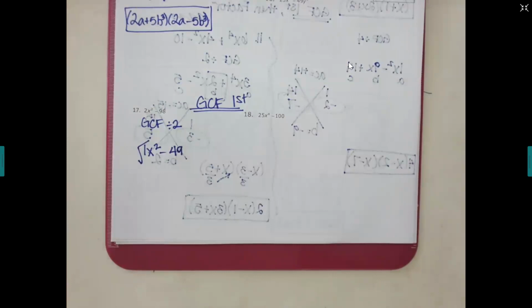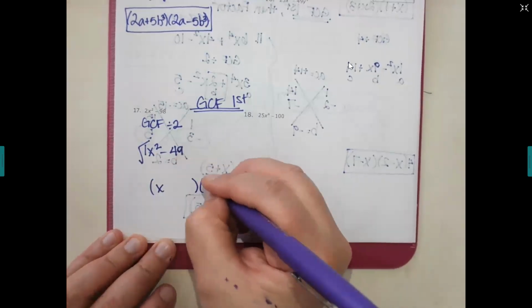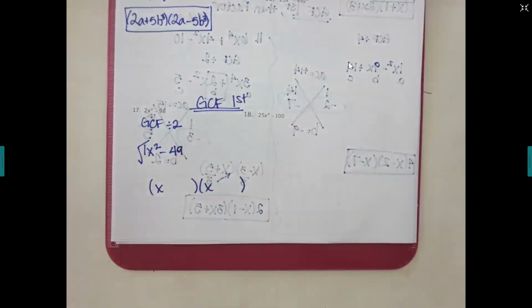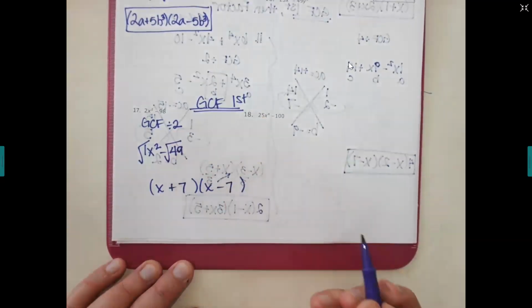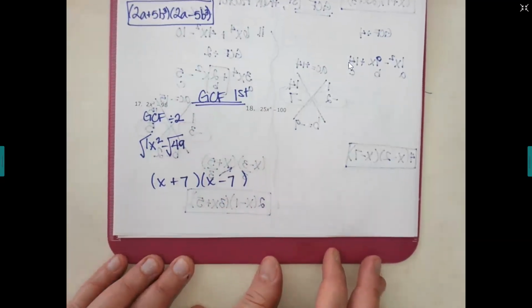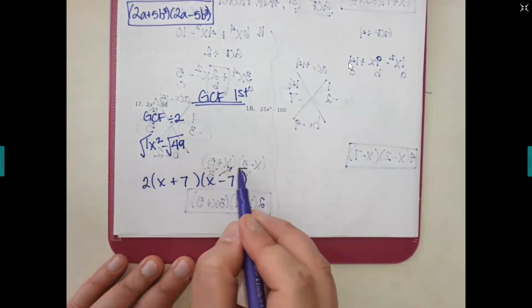So my 1x squared is going to go to a 1x and a 1x. Now remember, you can write the 1 or not. It really doesn't matter. Then for my 49, what's the square root of 49? Plus or minus 7. Anything else that we need to do there? Yeah, don't forget that 2 in the front.